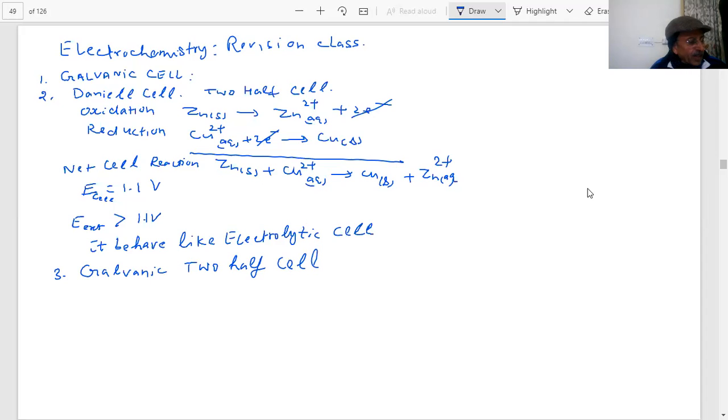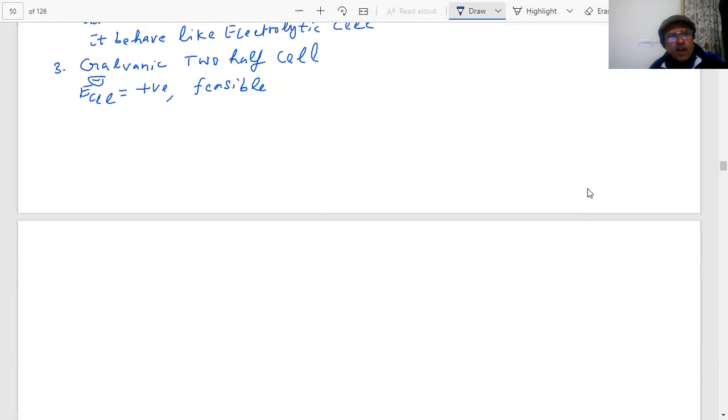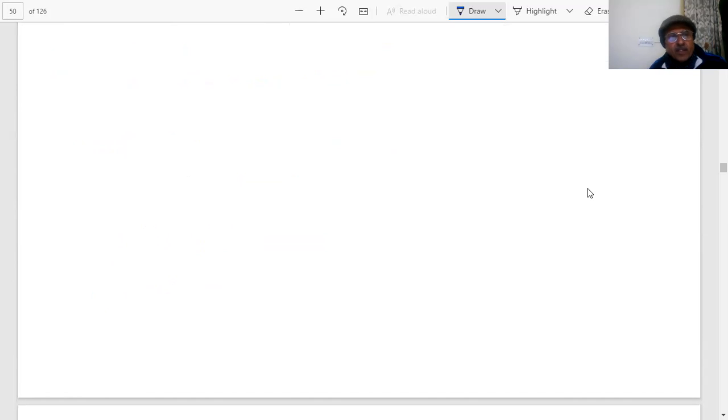The value of the cell potential should be what? If this, our standard cell potential, is positive, student, then the cell is feasible. So we will calculate the value of the standard cell potential. How do we represent a cell, students? You have to see how to represent a galvanic cell.